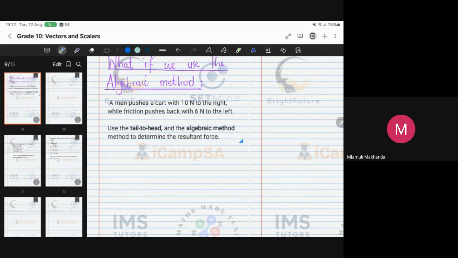If you notice here, you are given two directions, right and left, right? So step number one of using the algebraic method, step one, you would have to choose a direction that you call positive.